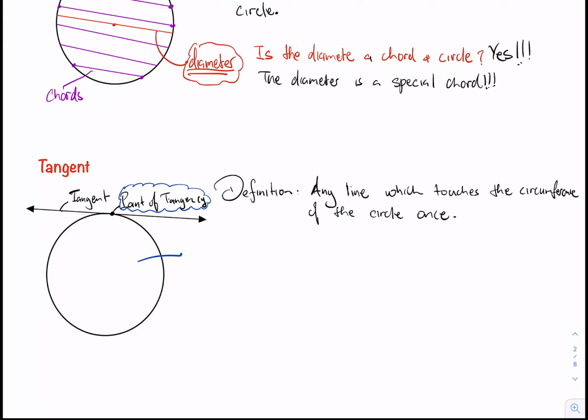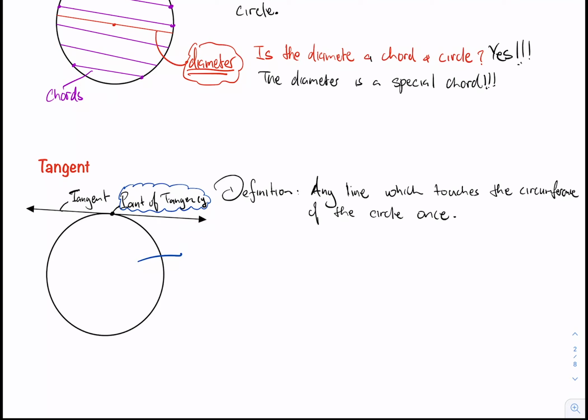Notice that this is not an example of a tangent, even though this is touching the circumference of the circle. Once we have something looking like this, then we have a tangent. But if we have something that is intersecting the circle like that, then that is not a tangent. As a matter of fact, we'll get on to the secant, which will better explain what something like this is.